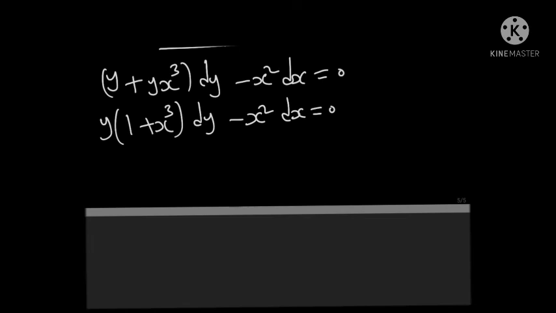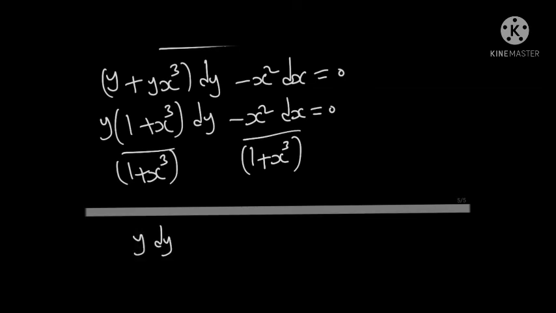Let's divide both terms by 1 plus x cubed. Now we have y dy minus x squared over (1 plus x cubed) dx equals 0.